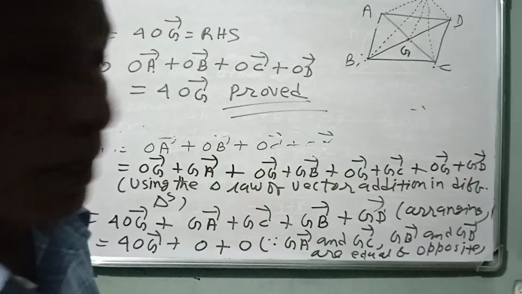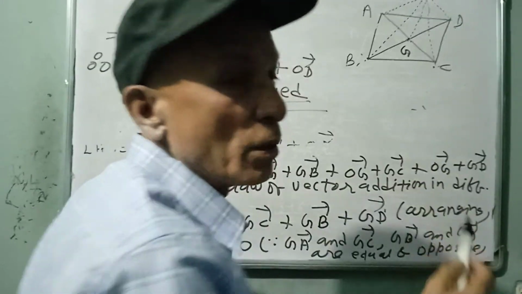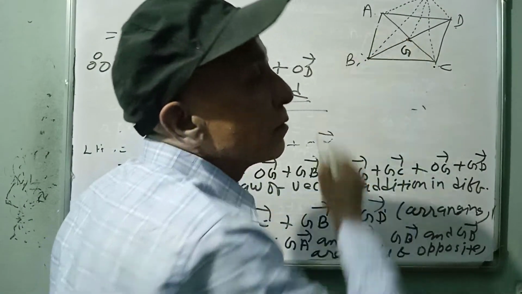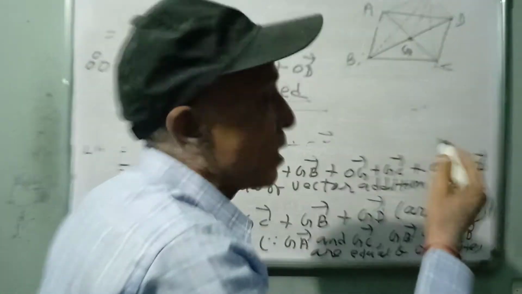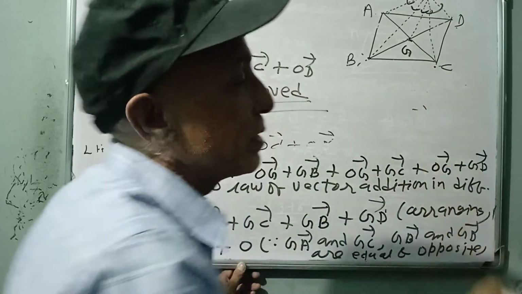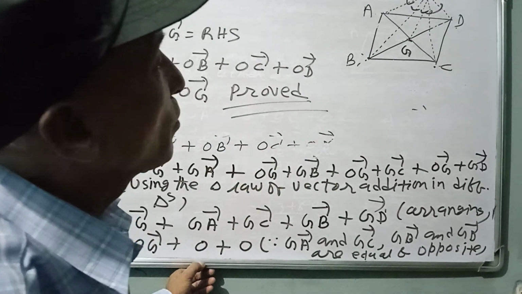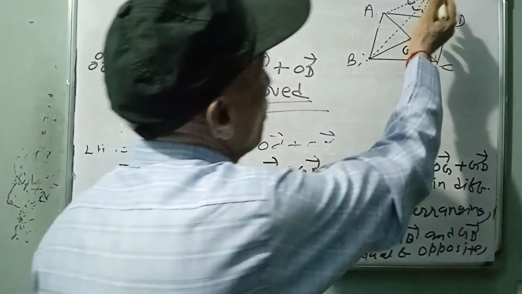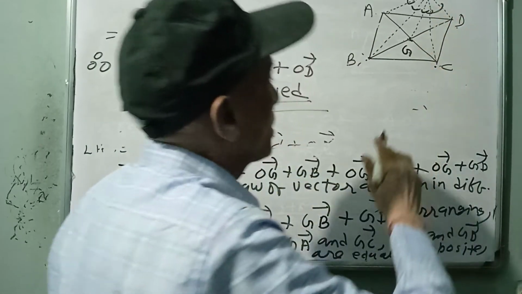ABCD is a parallelogram. AC and BD are two diagonals which bisect each other at G. O is any point joined to A, B, C, D. OA, OB, OC, OD are vectors. You can suppose OA is a, OB is b, but it is not necessary.